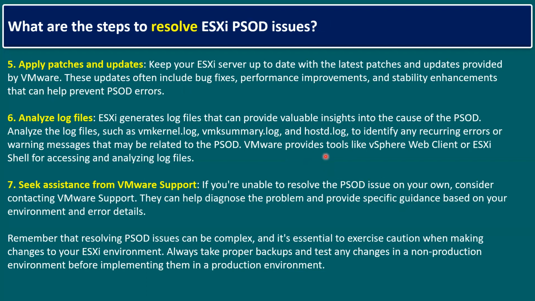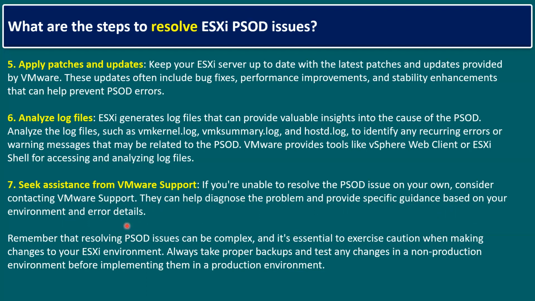VMware also provides tools like the vSphere Web Client and the ESXi shell for accessing and analyzing the log files. And finally, last but not least, we can seek assistance from VMware technical support. If you are unable to resolve a PSOD issue on your own, consider contacting VMware support. They can help diagnose the problem and provide specific guidance based on your environment and error details.